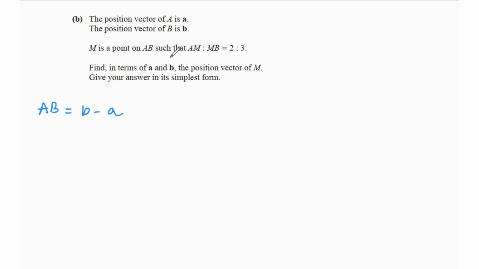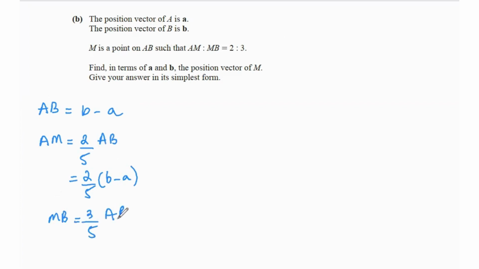M is a point on AB such that AM to MB is 2:3. So AM would be 2/5 of AB, so that's 2/5 of (b minus a). MB would be 3/5 of AB, so that's 3/5 of (b minus a).